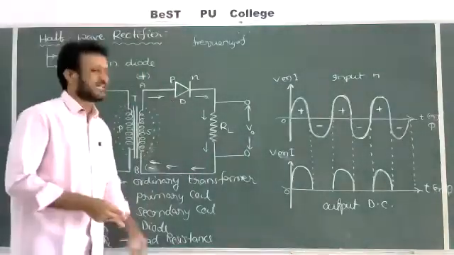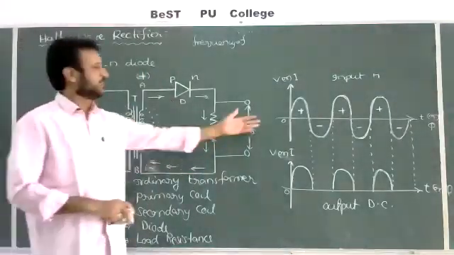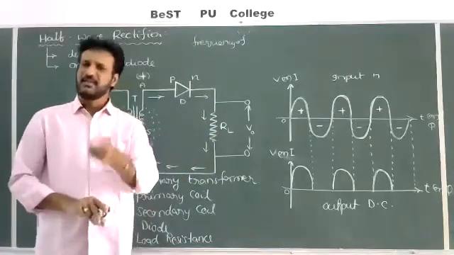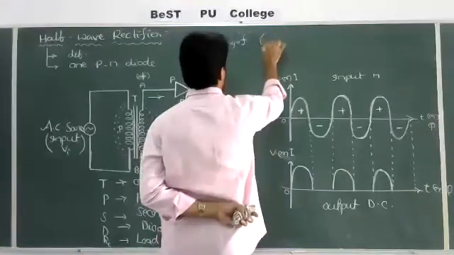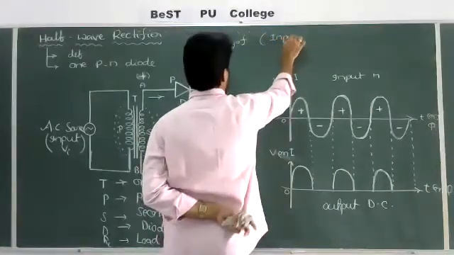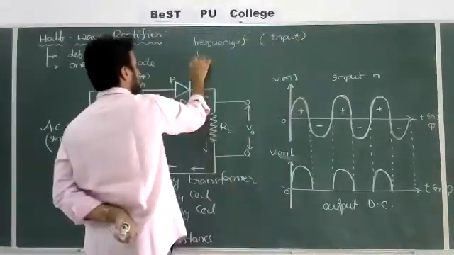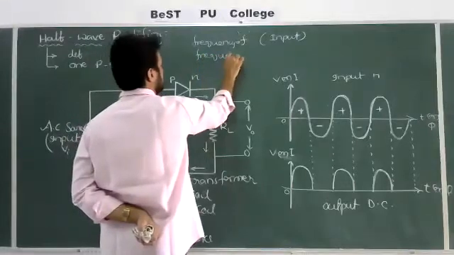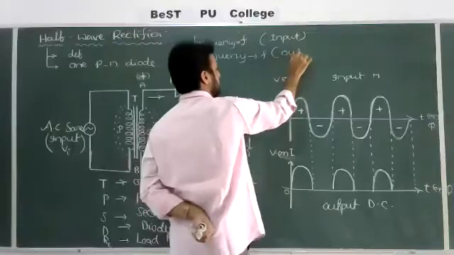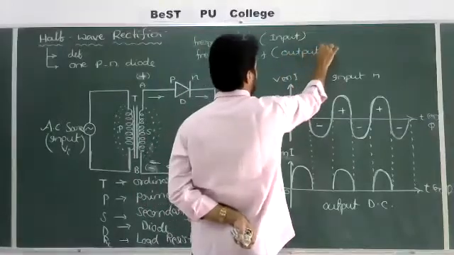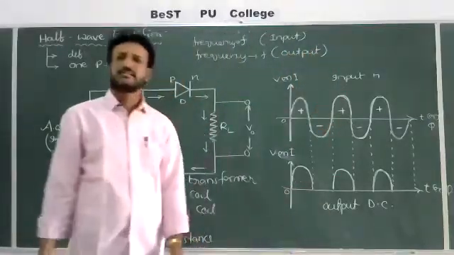In the case of the ripples we get in the output, the frequency will be the same. So the frequency of the input AC is F, which means the frequency of the output DC, or output cycle, will also be the same. So the input AC and the output ripples both have the same frequency.